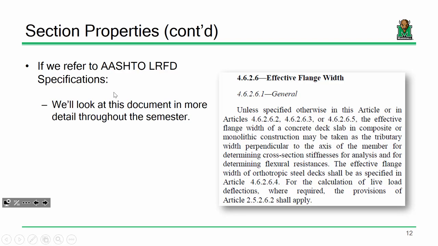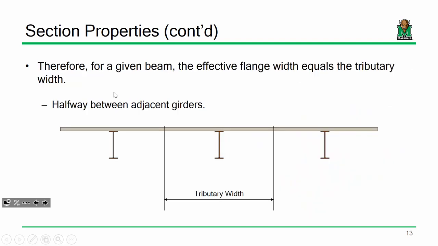If you remember from structural engineering, if you've got a series of loads on a given floor system and you want to determine how much load goes to a given beam, you just use the tributary width, which for a given beam is halfway between adjacent girders. That tributary width and that effective flange width are the same thing in the bridge spec.